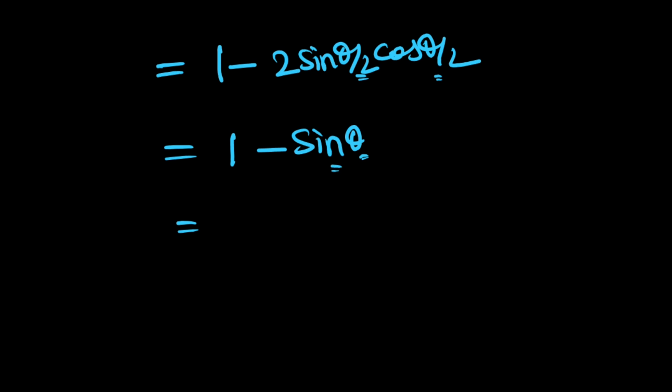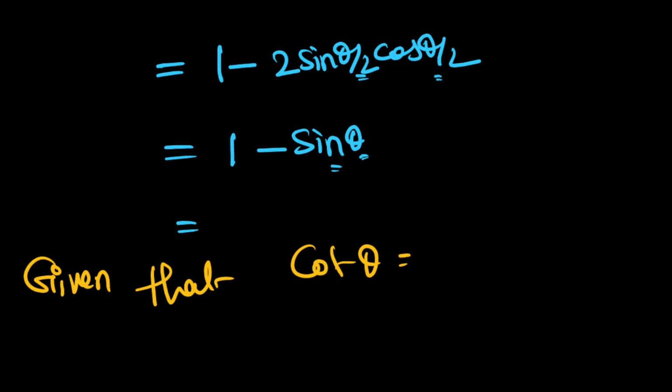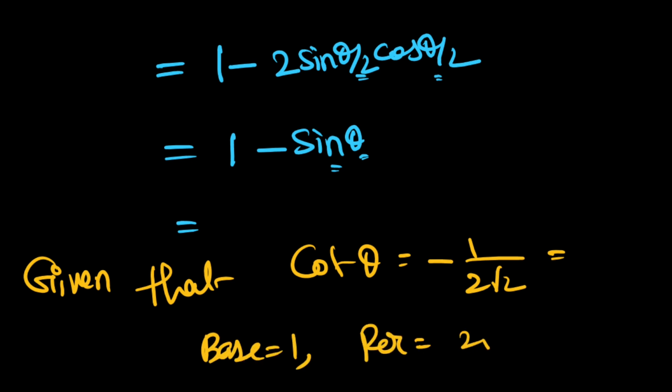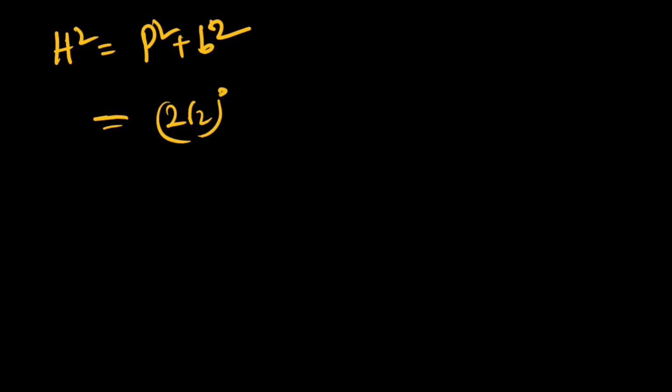Given that cot theta is equal to minus 1 over 2 root 2, cot theta means base by perpendicular. So base is 1 and perpendicular is 2 root 2. Now we find the hypotenuse. Hypotenuse square is equal to perpendicular square plus base square, that is (2 root 2) square plus 1 square, which is 8 plus 1, that is 9.